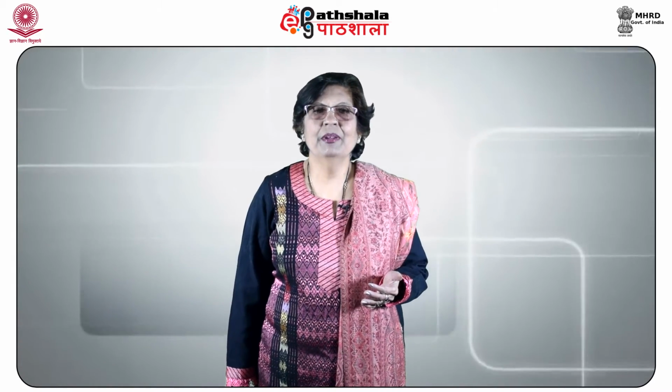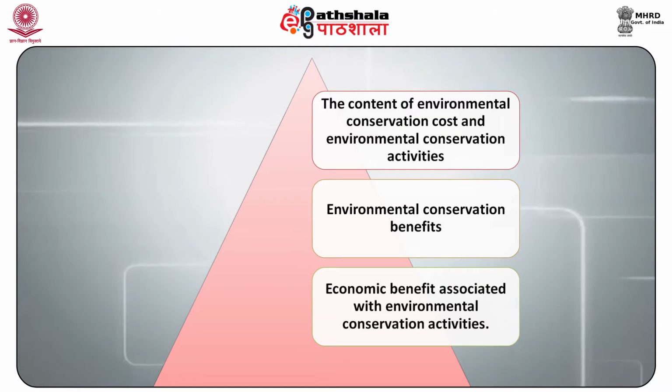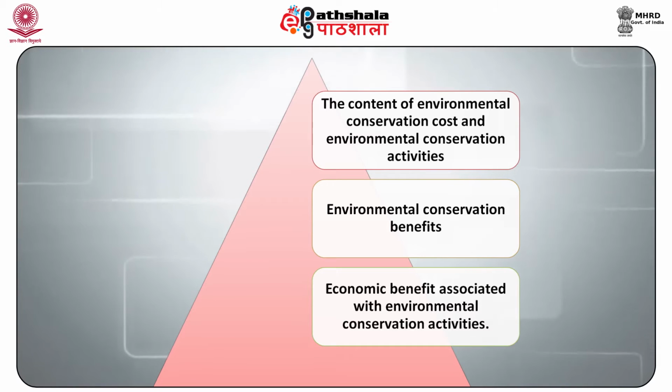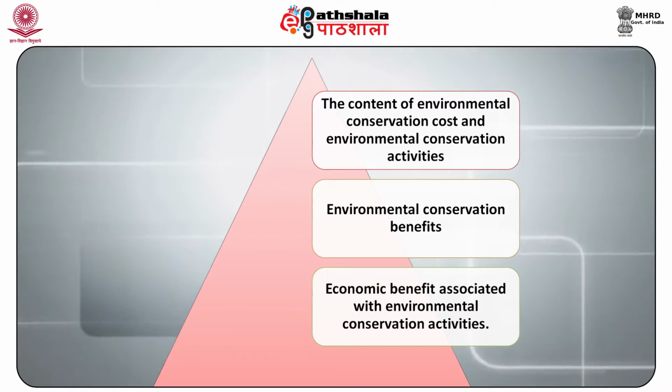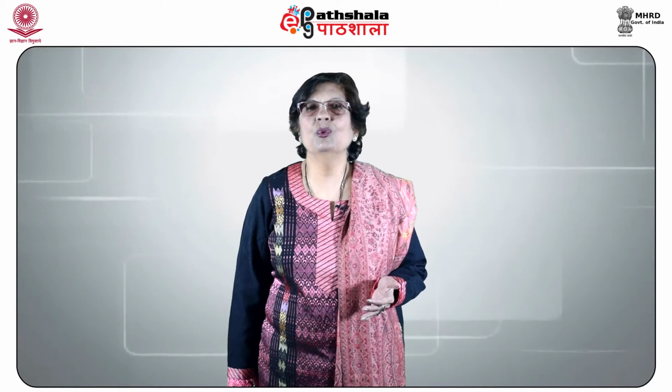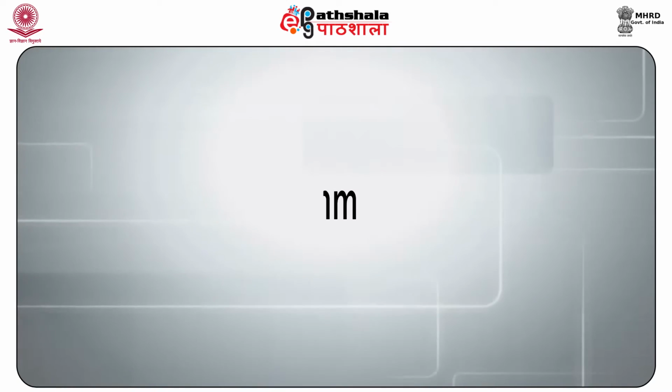These include number 1, the content of environmental conservation cost and environmental conservation activities. 2. Environmental conservation benefits. 3. And lastly, economic benefit associated with environmental conservation activities. All this information should be disclosed in proper format.